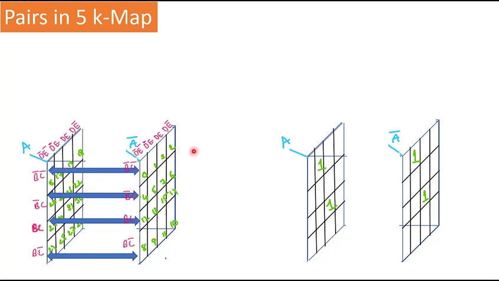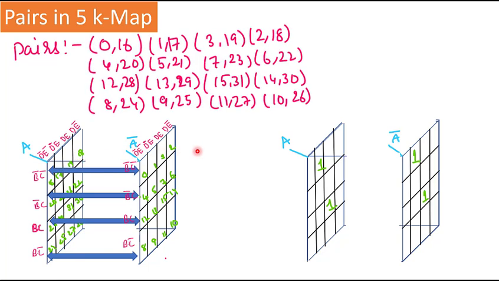If you keep all the pairs in a list, you can see here 0, 16 means this and this, 1, 17 means this and this, and 3, 19 and 2, 18, you can see all are parallel to each other. So when you form a pair, you are going to eliminate only one literal. That means in this case you are going to eliminate the A, because if you look at here, these 4 variables have A here and these 4 variables have A bar here.